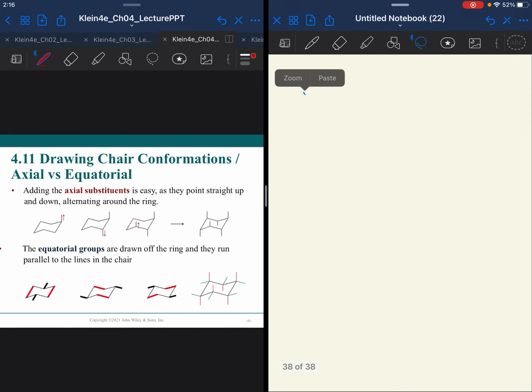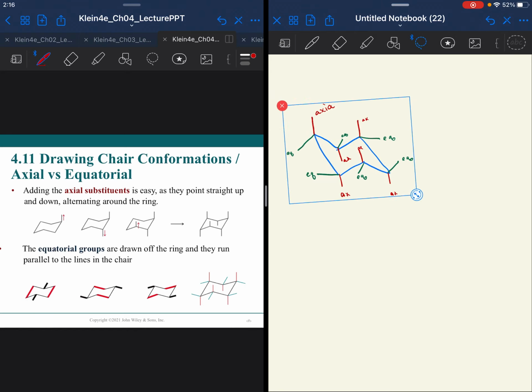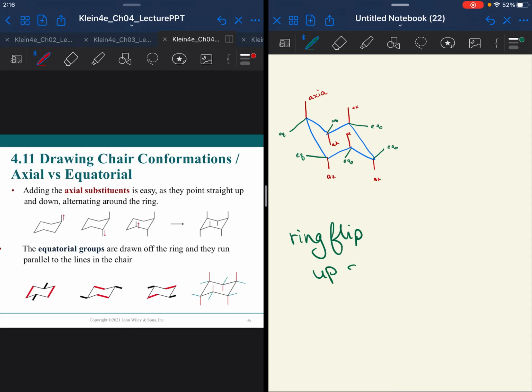Okay, let's go to the next page. All right. I'll make this a little bit smaller. So what you want to do when you are doing a ring flip, what you need to know. The ring flip. Up stays up.